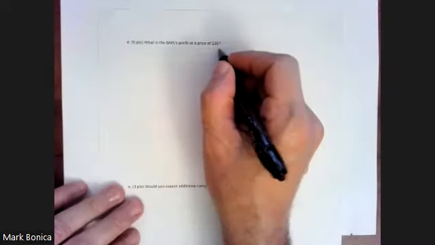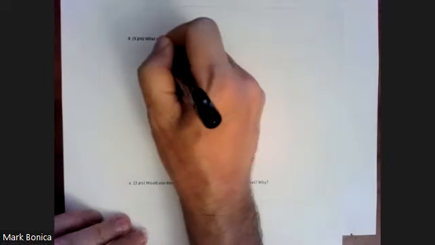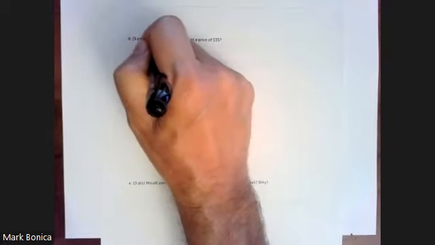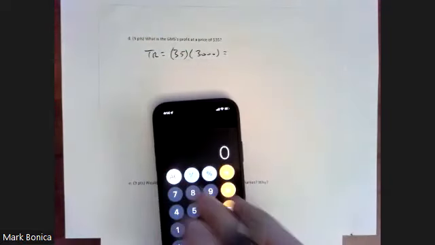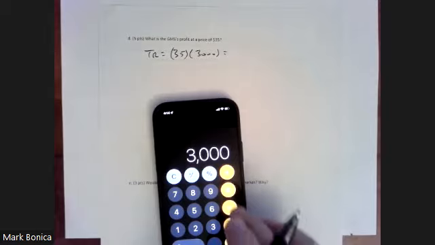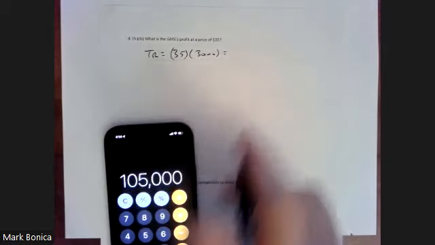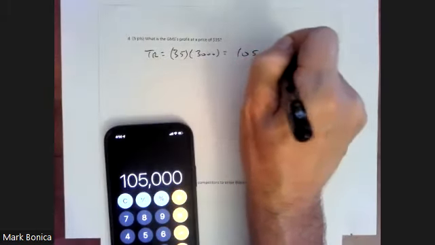All right, what is GMS's profit at a price of $35? So with a Q of 3,000, the total revenue is 35 times 3,000. 3,000 times 35 is 105,000.